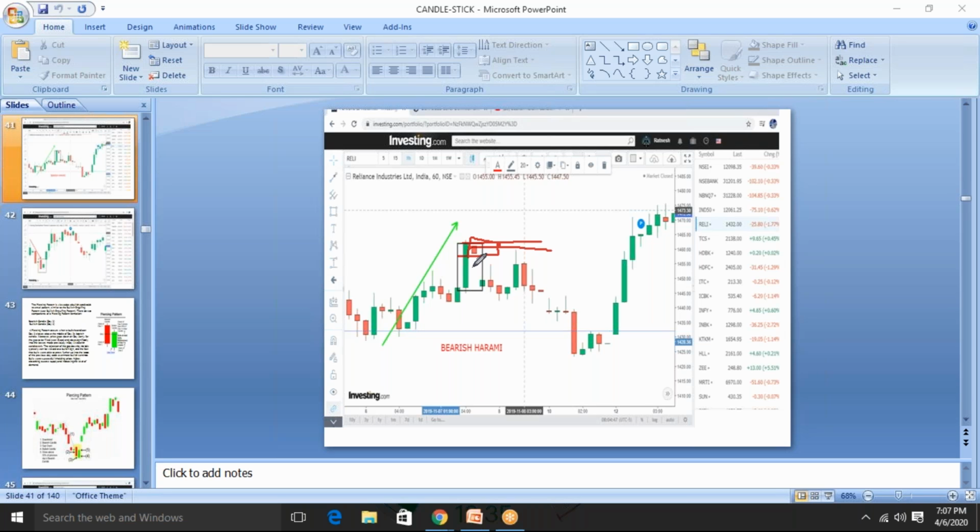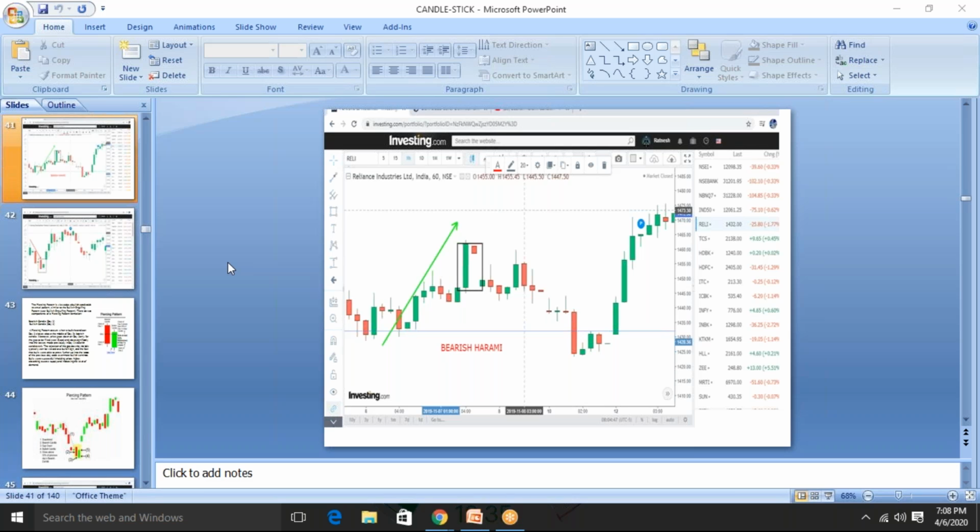Okay, I got it. But what do you think about the possibility of achieving the target in this? The opportunity will be there, sir. These are reversal patterns; all the patterns which I am discussing are reversal patterns. So the market is likely to behave opposite of that.